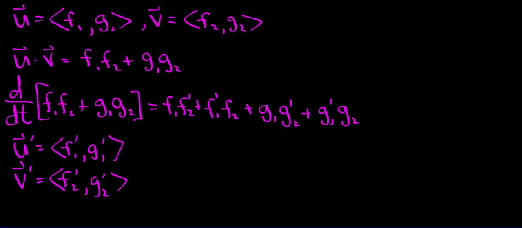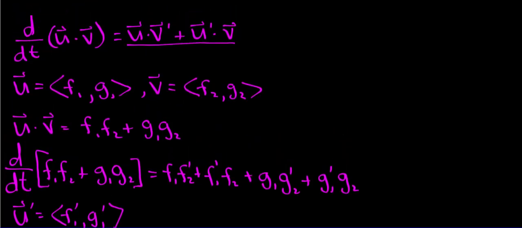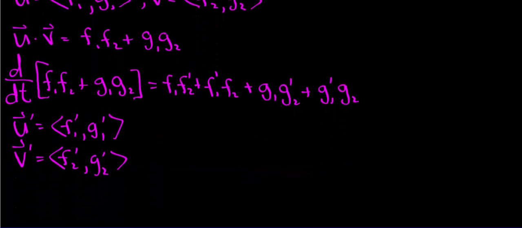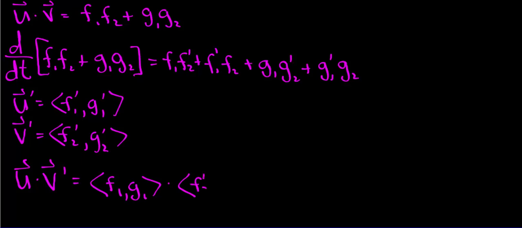Now what I want to do is calculate u dot v prime. So here is u, f1 g1, and here's v prime, f2 prime g2 prime.